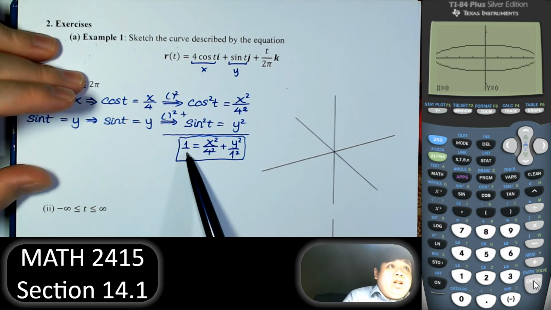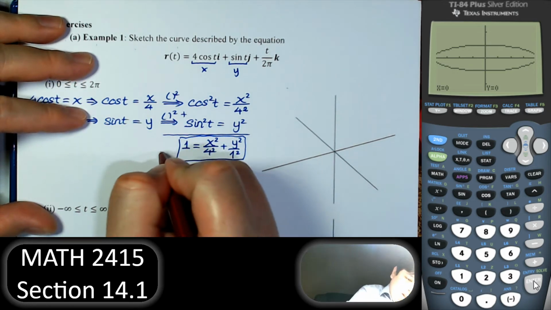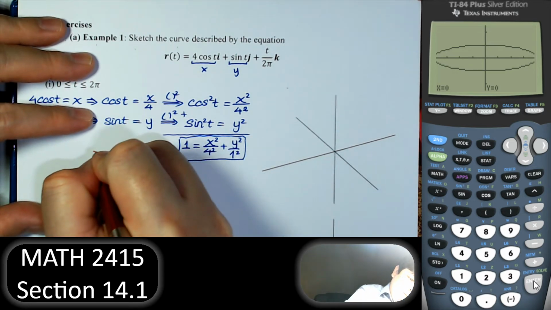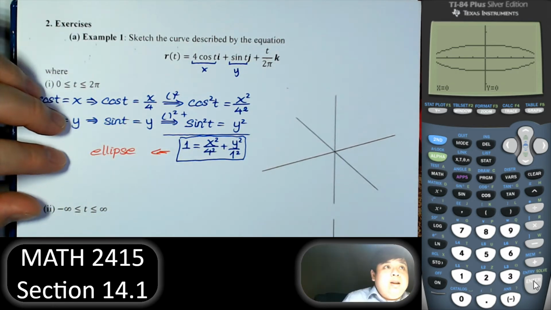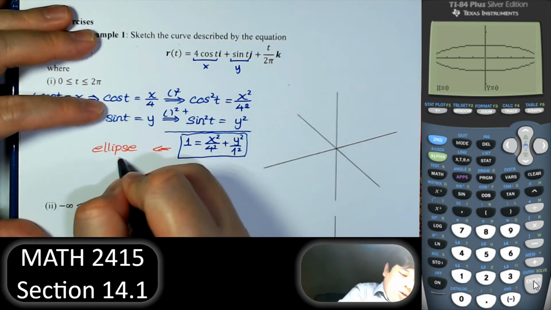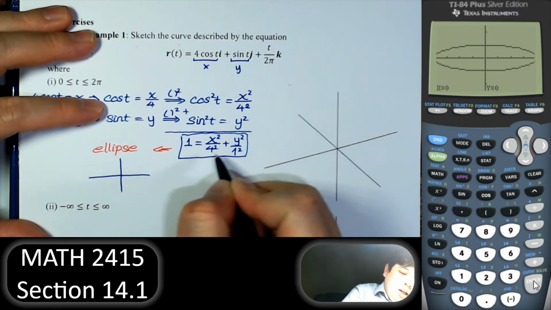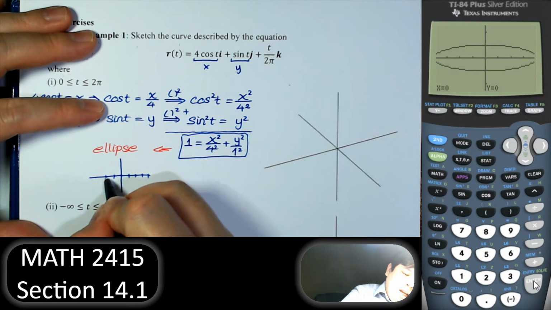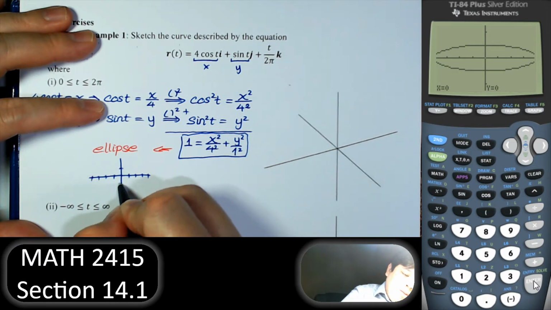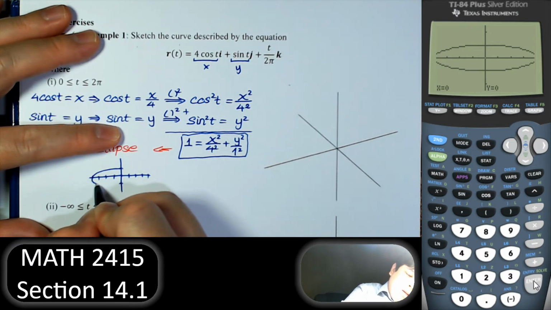What we have here is an ellipse. It has 4 units on the x-axis, and negative 4, and 1 up, 1 down. So we have an ellipse.